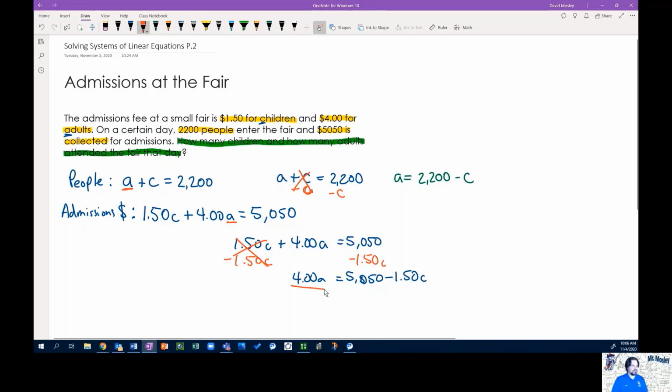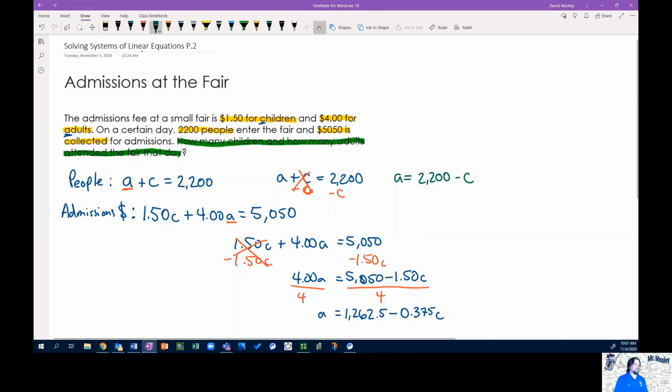To finally get A by itself, we divide each side by 4. That leaves me with A by itself equals 1,262.5 minus 0.375C.